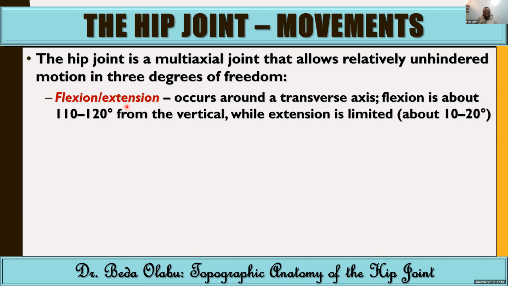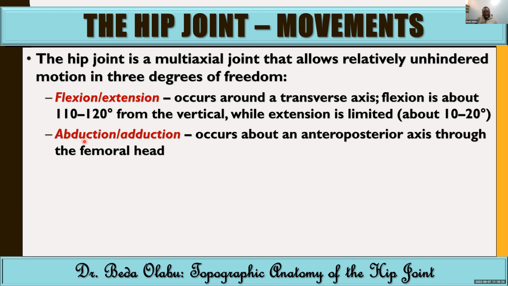Which ones cause extension of the hip? Principally, we have the hamstring unit as well as the gluteus maximus muscle causing extension at the hip joint. Of course, remember that the adductor magnus has a hamstring part which can also extend.